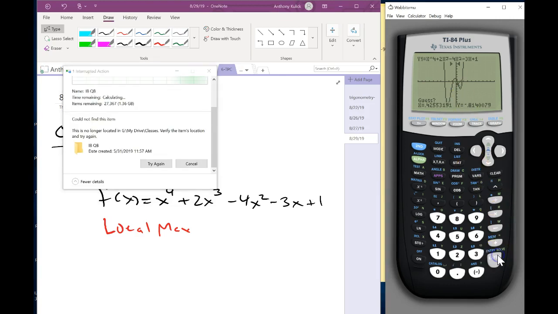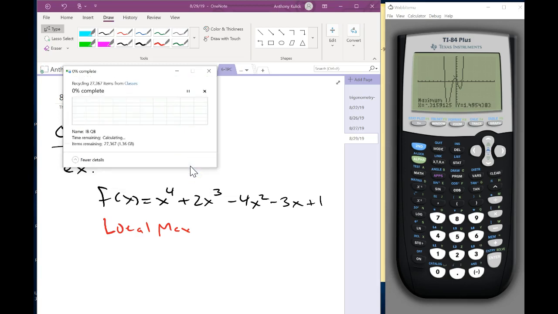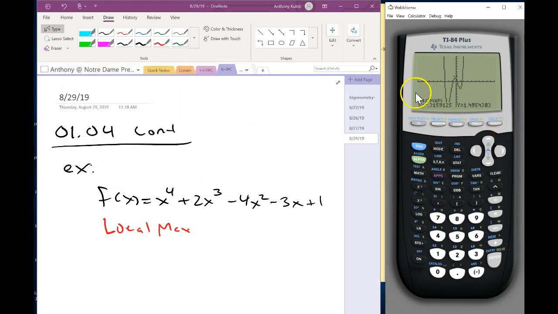So I'm just going to press enter because it's, again, less moving around. And it tells me my maximum is the point negative 0.32, comma 1.50. And I just rounded these to 2 decimal places.